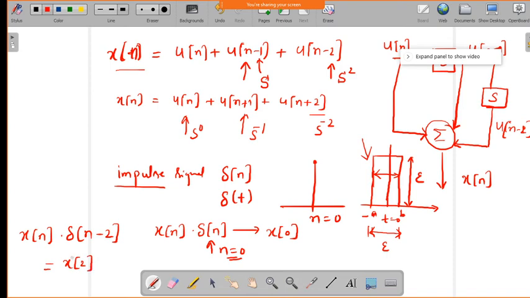Whatever value is there at 2, it will give that. Similarly in the continuous case, x of t into del of t gives x of 0 when t equal to 0.